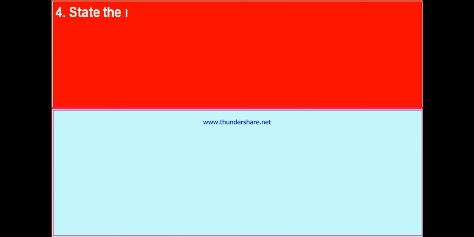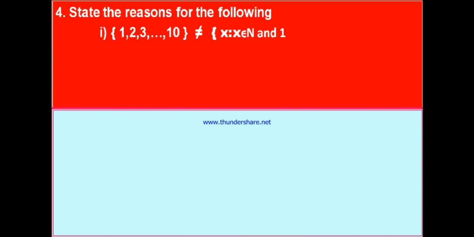Now question number 4. State the reasons for the following. I shall repeat. State the reasons for the following. First bit, the set {1, 2, 3, and so on up to 10} is not equal to the set {x such that x belongs to N and 1 < x < 10}.